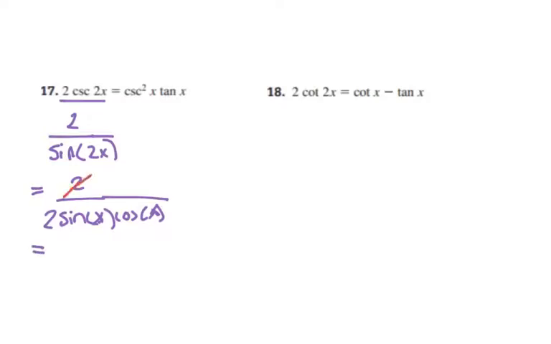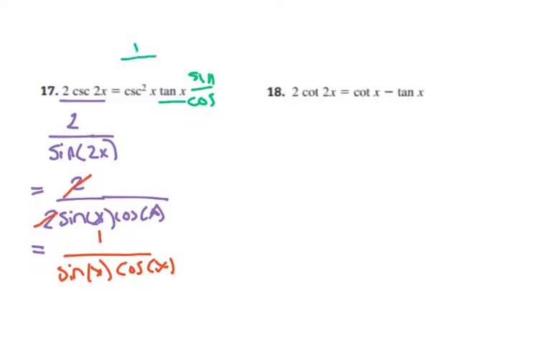From there we can see that the 2's reduce, and so we don't have that piece anymore. But then keeping the end in mind, right, we always want to do that, I'm trying to get a tangent, which is sine over cosine, and I'm trying to get a cosecant, which is 1 over sine and another sine.